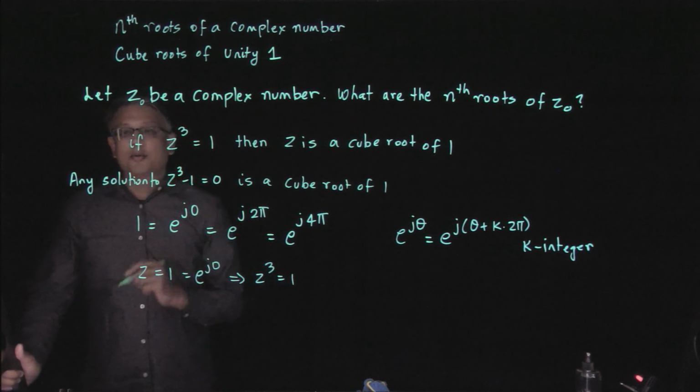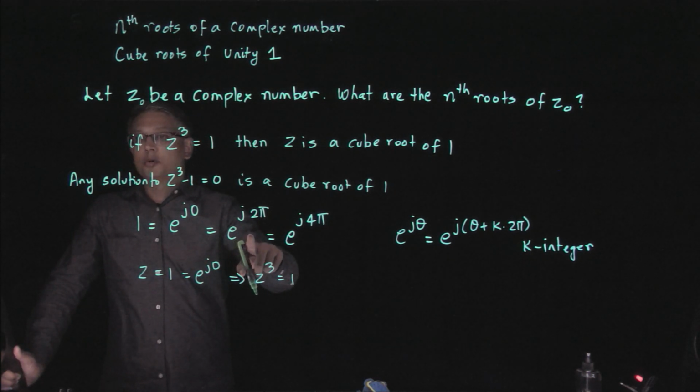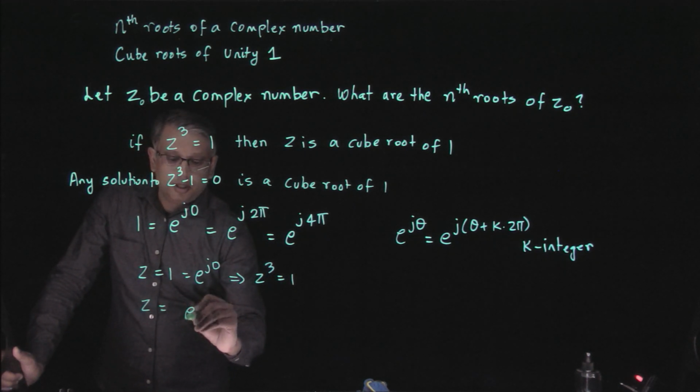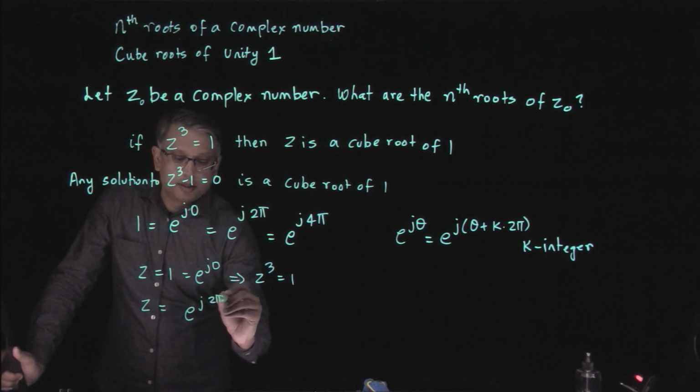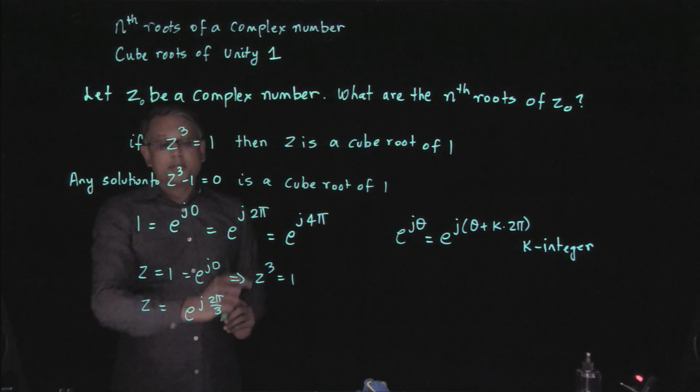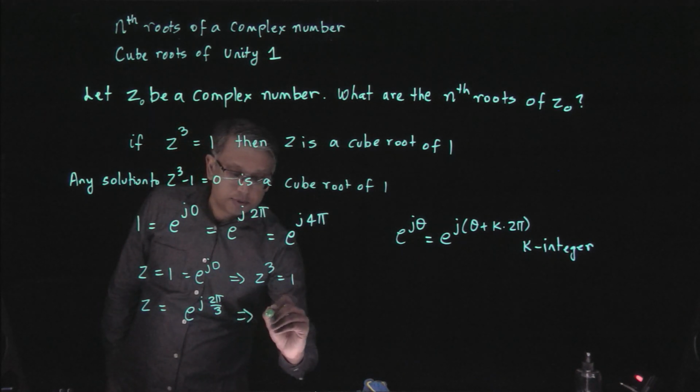Now let's look at this expression for 1. And let's think about the complex number e to the j 2 pi over 3. And look at what happens if I cube this complex number.